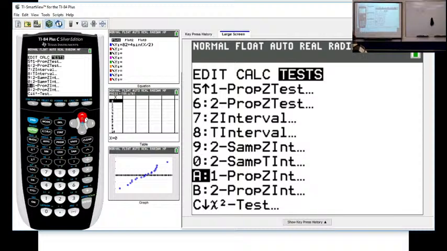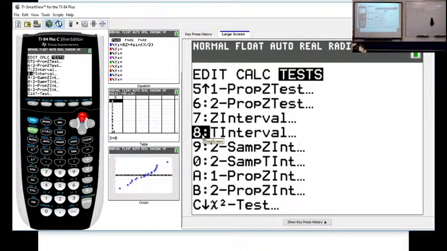T, we're using t-scores. And interval, doing a confidence interval, instead of a test, which we're going to talk about next chapter. So t interval, it's just labeled as t interval. So that's where we're going to go.